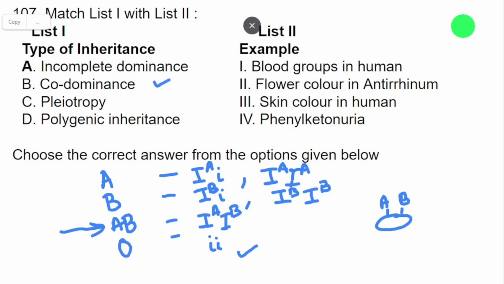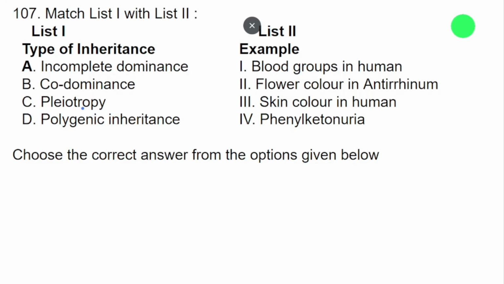Next one, pleiotropy. What is pleiotropy? When one gene has multiple phenotypes, and the example is phenylketonuria. So basically phenylketonuria is a genetic disorder.